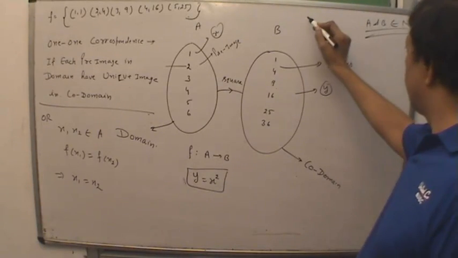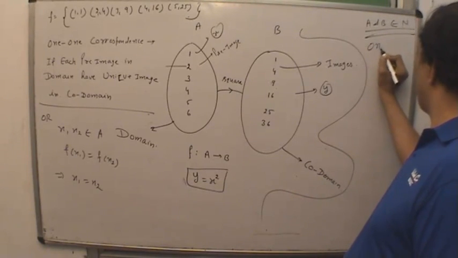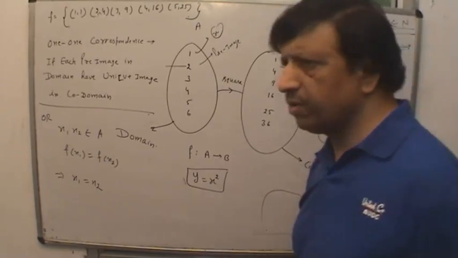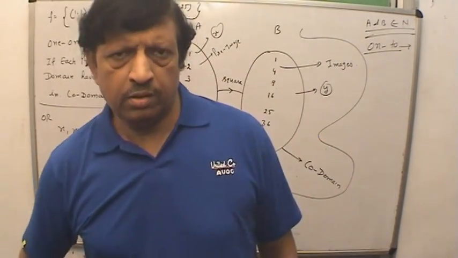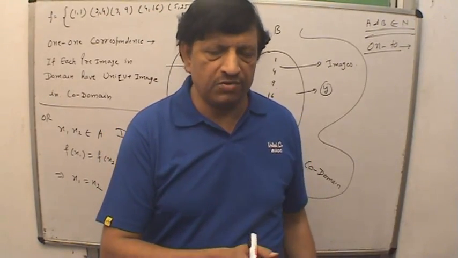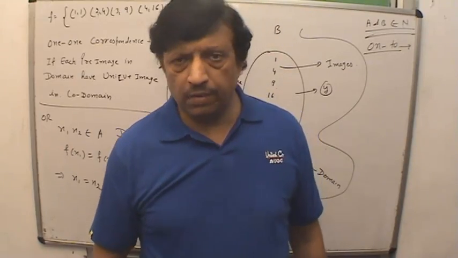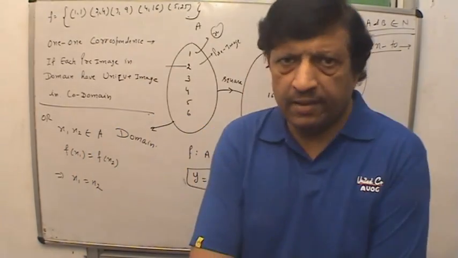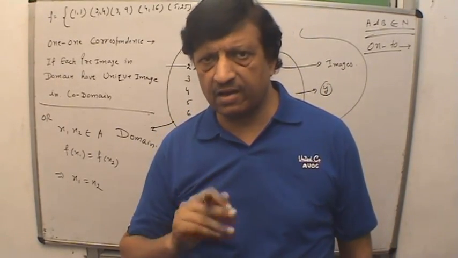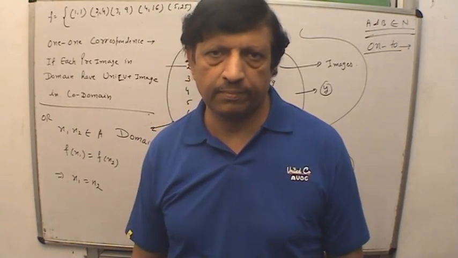Then what about onto? Again we see in this example, for onto, what do we do? We check from inside the mirror. Say inside the mirror there are images. If there are images, then that image must have at least one object in front of the mirror.